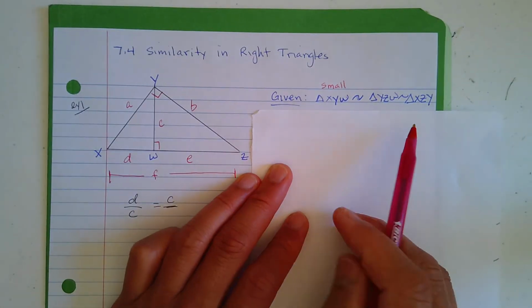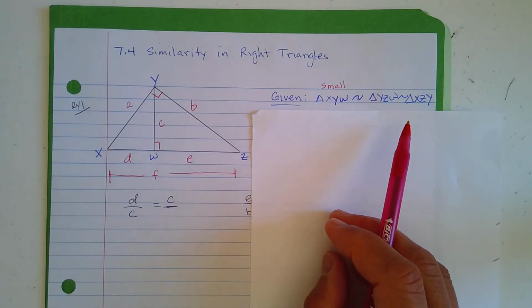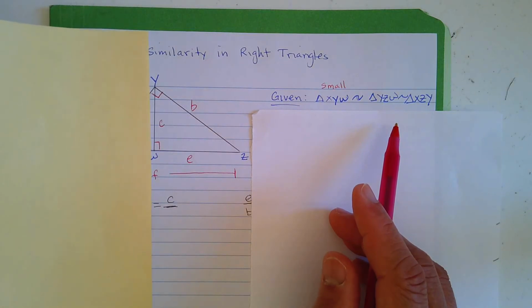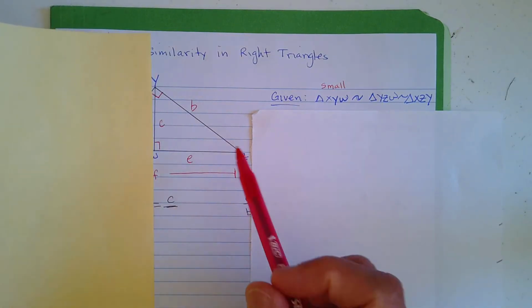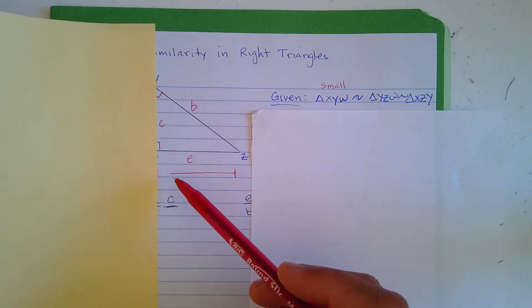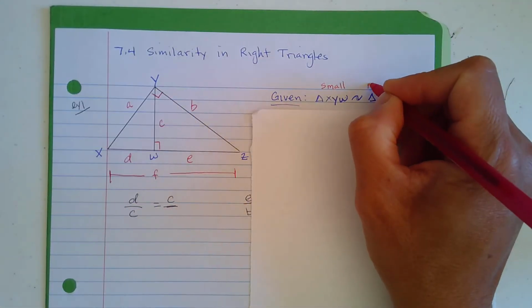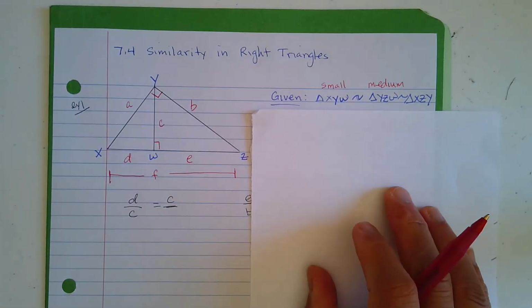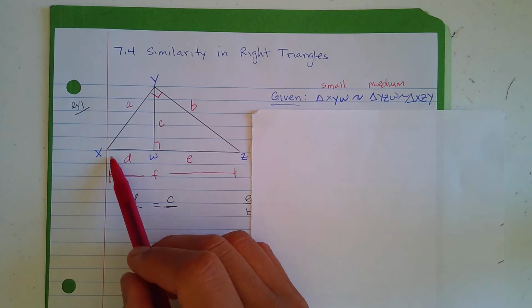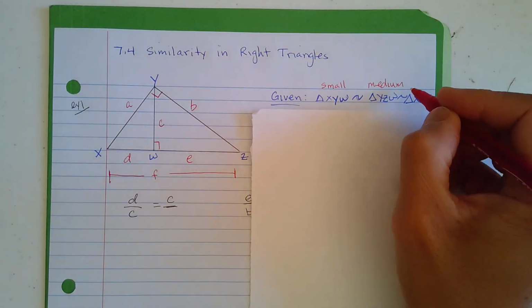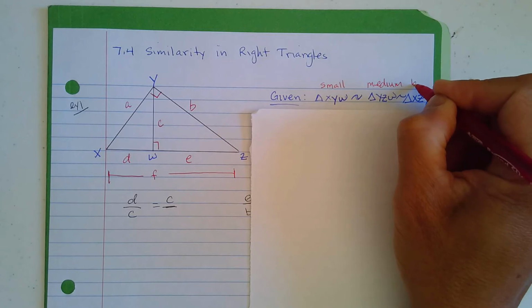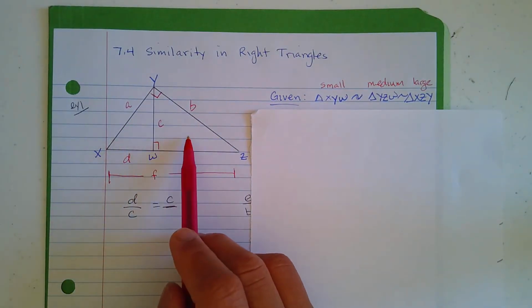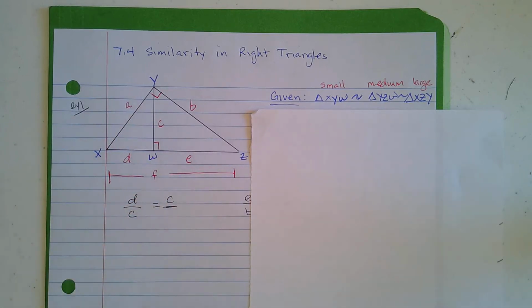I'm going to call triangle YZW the medium-sized triangle. And triangle XZY, that is the large triangle. So small, medium, large.